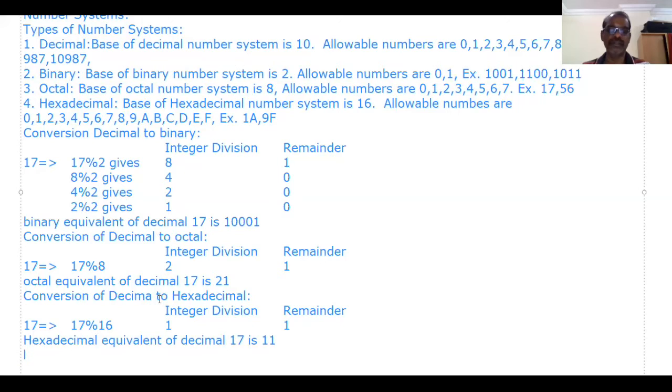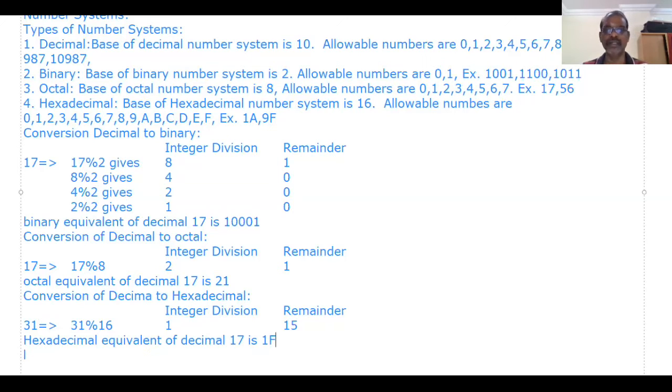We can try out a bigger number also. For example, you can try 31 instead of 17. Here 1 comes, and 15 comes as the remainder, since 1 sixteen is 16.